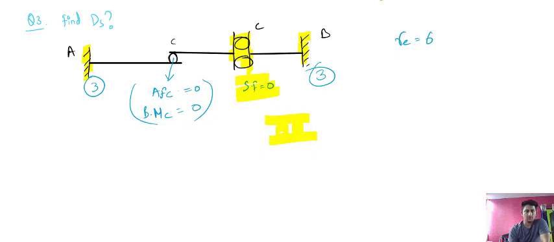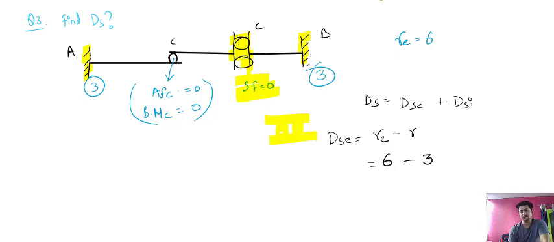So we know that. Now for calculating the value of DS, we need the value of DSE plus DSI. For calculating DSE externally, the value will be RE, external reactions, minus internal equilibrium equations. External reactions here are 3 and 3, so 6 external reactions minus the equilibrium equations 3. So DSE is 3. So now we have the value of DSE, the external static indeterminacy.